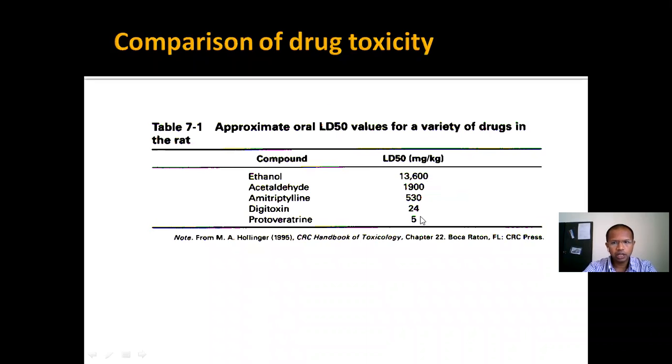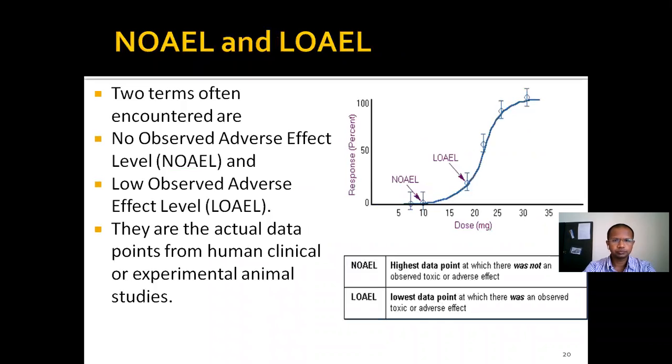Whereas digoxin needs 24 into 60 milligram to kill the person. As simple as that. So ethanol has a high therapeutic index, and digoxin has a low therapeutic index.